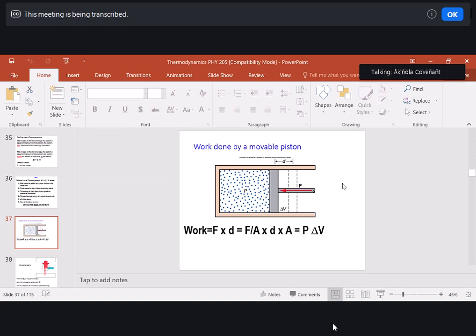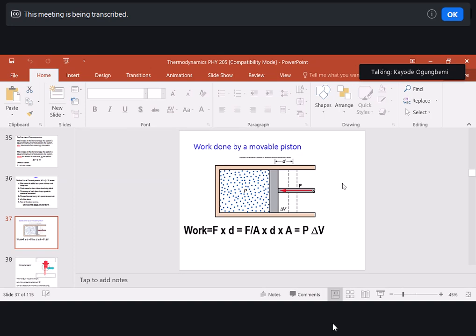Yes, sir. Divide force by area, and multiply by area. What do you get? You still get your force back, right? Yes, you still get force times distance. But what we want to show here is that force per unit area is what we call pressure. And the distance D multiplied by the area is what we call the volume.